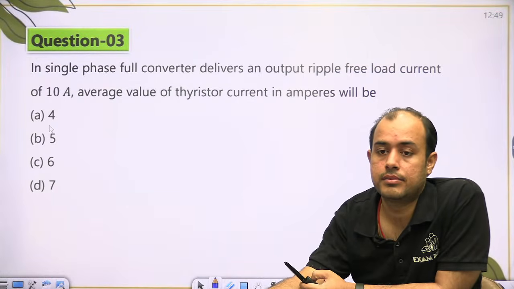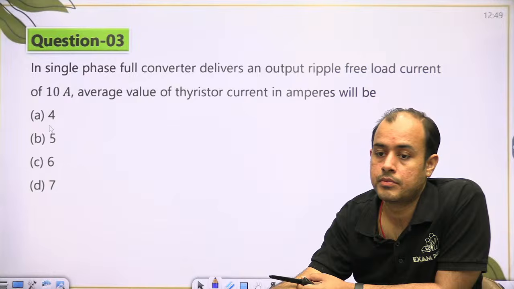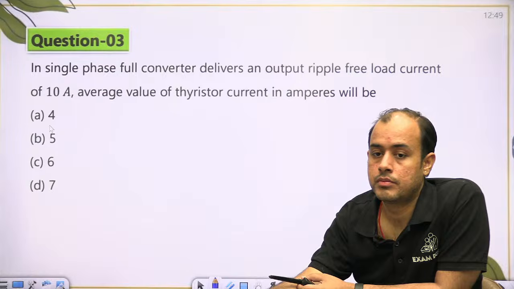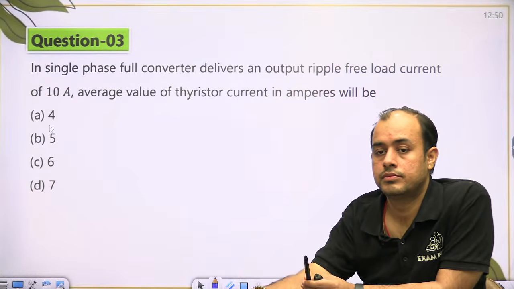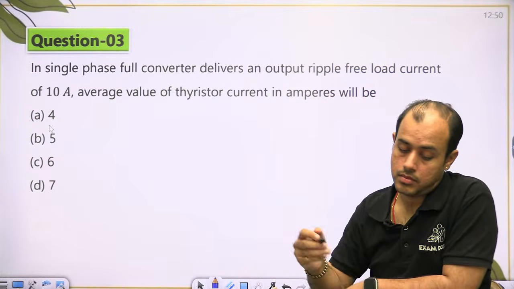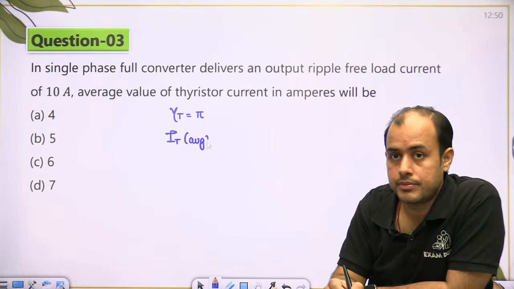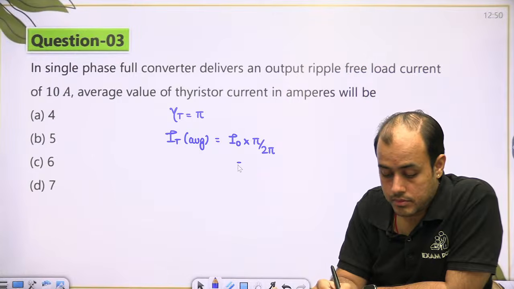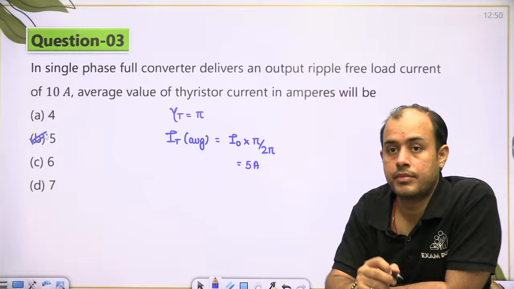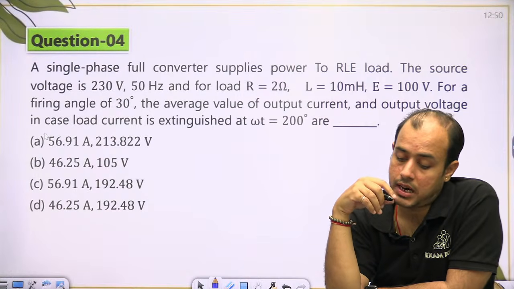Average thyristor current. तो बेटा थायरिस्टर कंडक्शन एंगल इज पाई, तो I T average is I naught by 2, 5 A. ठीक है, आंसर विल बी 5 A.